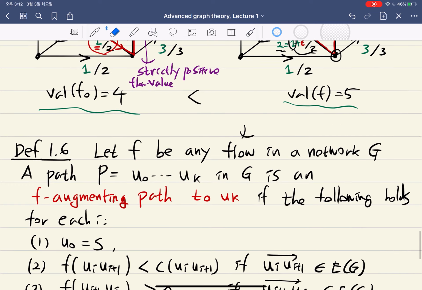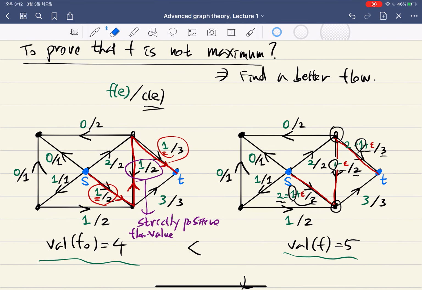So for example, in this case, we have this S, and then this vertex is in S_F because this edge is not full, so you can directly add it.